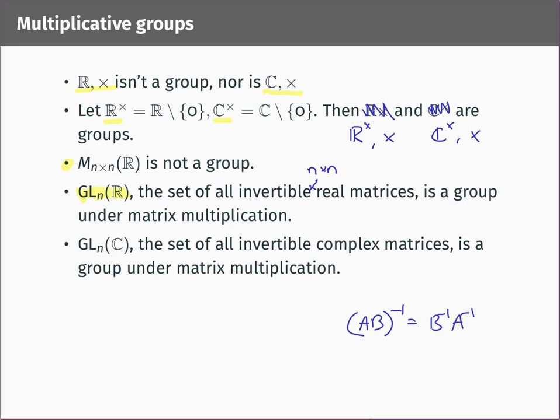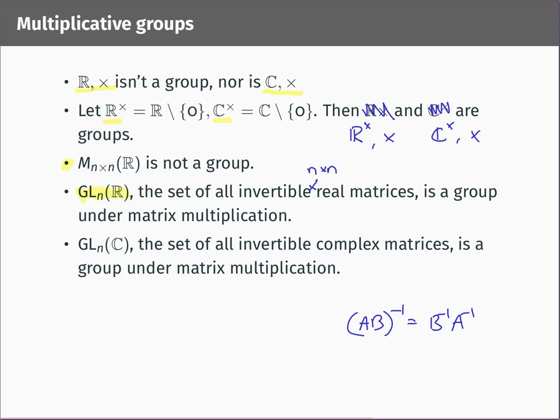There is an identity element because the identity matrix is an identity element for matrix multiplication. The inverses axiom is true because, by definition, if you're an element of GL_n(R), then you have an inverse. And finally, matrix multiplication is associative, as we saw when we defined matrix multiplication.